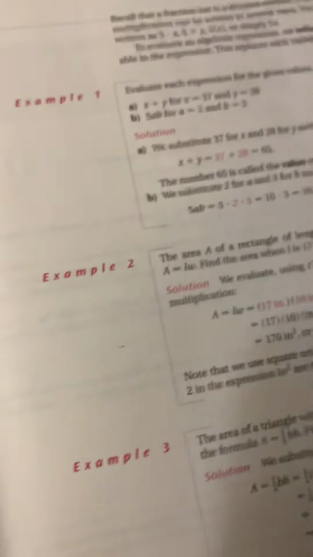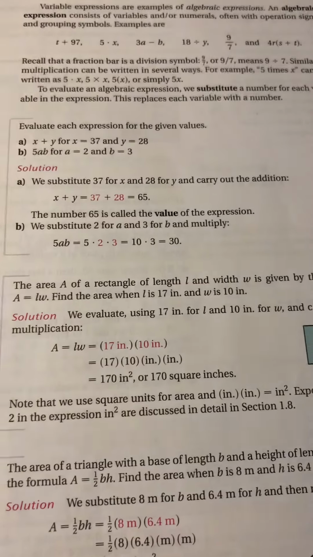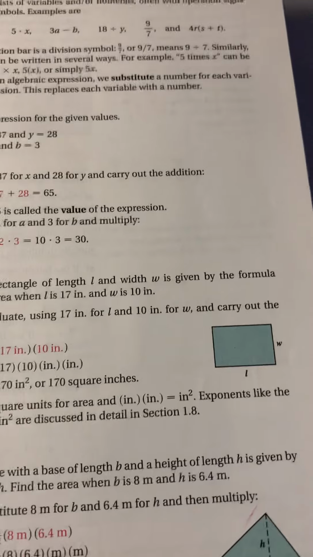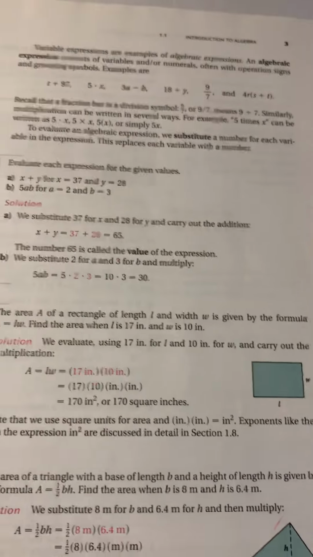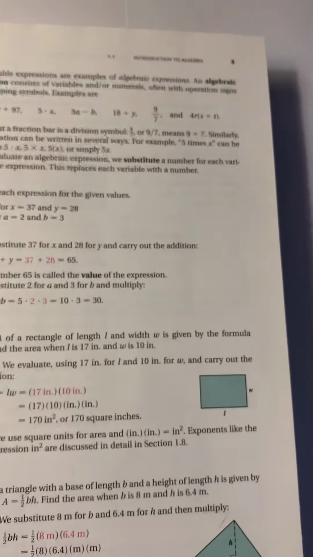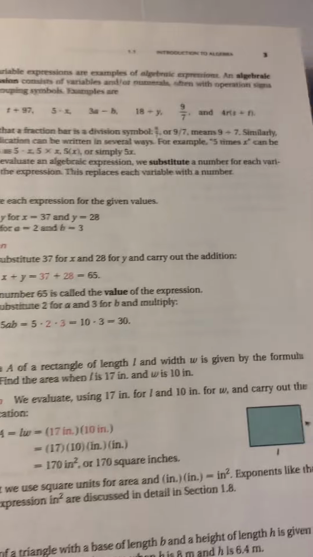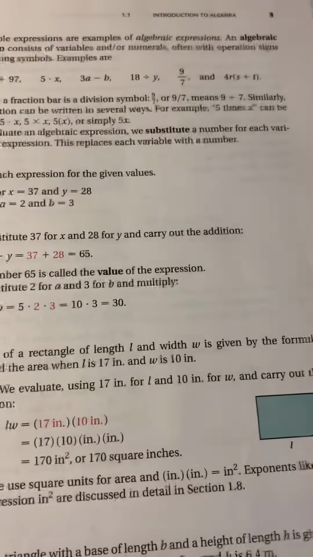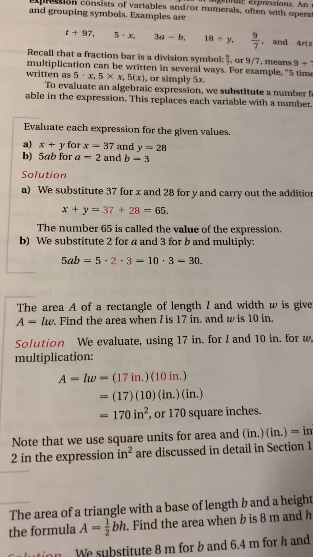Now, example 2. This is talking about finding the area of a rectangle. I'm not going to get deep into this because we're going to learn more about this formula. But just read what it says and proceed.